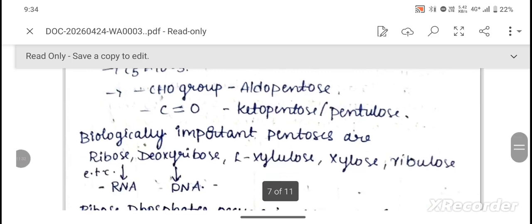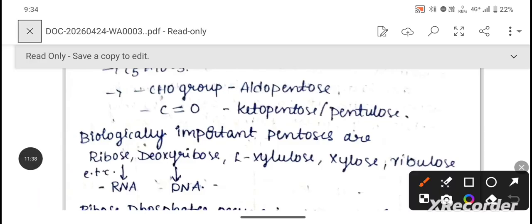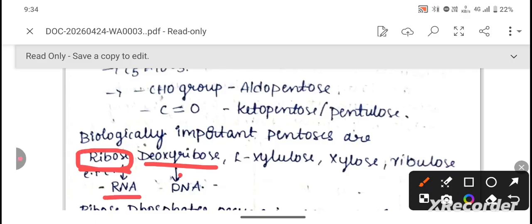Some biologically important pentoses are ribose and deoxyribose. Ribose sugars can be observed in the composition of RNA, ribonucleic acid, and DNA, deoxyribonucleic acid, contains deoxyribose.